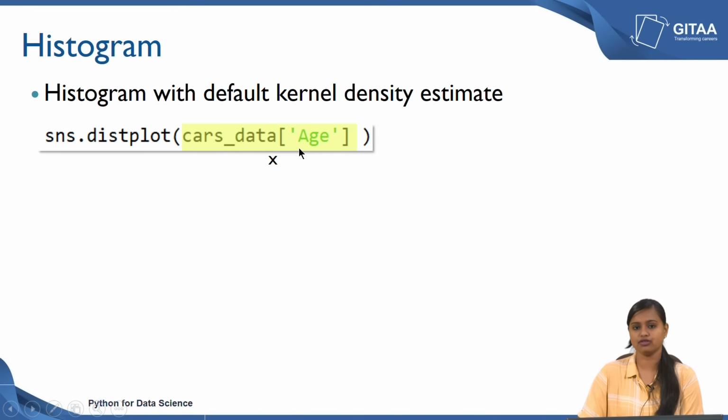In that case, age is one of the continuous variables from the data frame. Here we are interested in looking at the frequency distribution of age, how the values are distributed under the age variable. You can access the age variable from the data frame cars_data. This is the representative of the x axis.